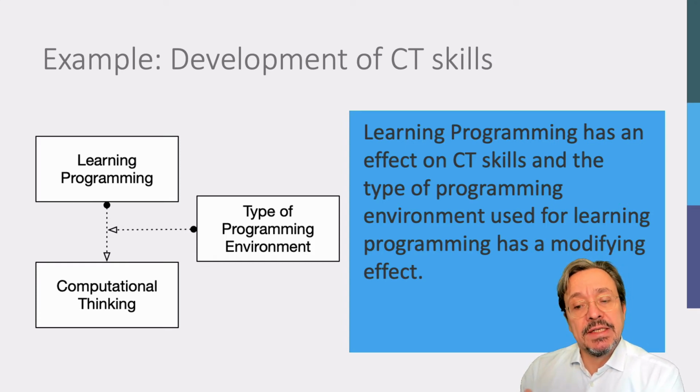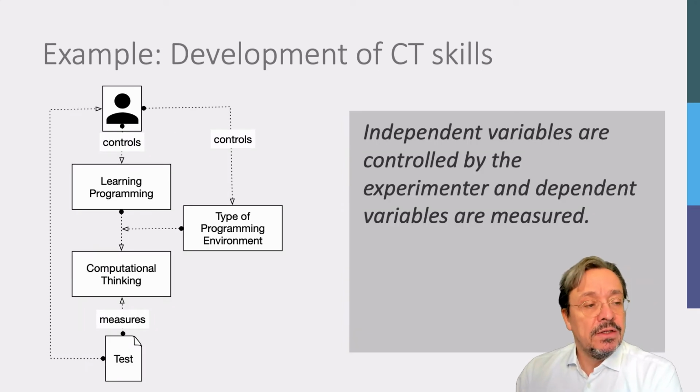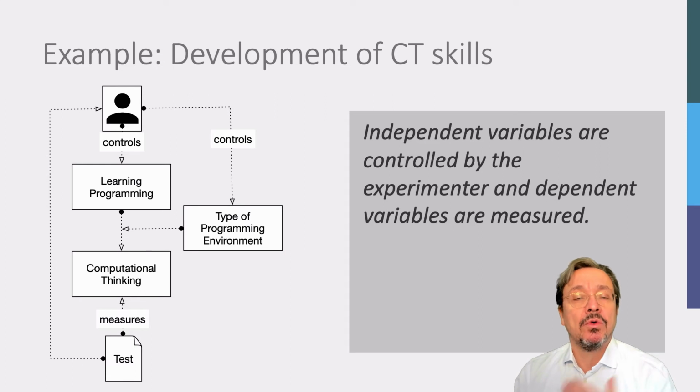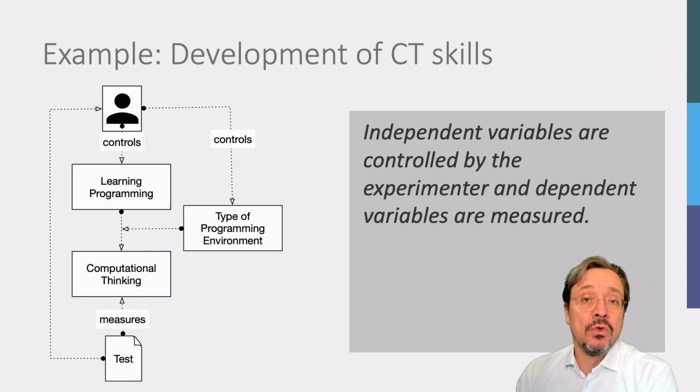And you can extend that schema a little bit when you take on the role of the experimenter. In this case, you see basically the experimenter controls the procedure of how students learn programming, and can also control and vary the type of programming environment.